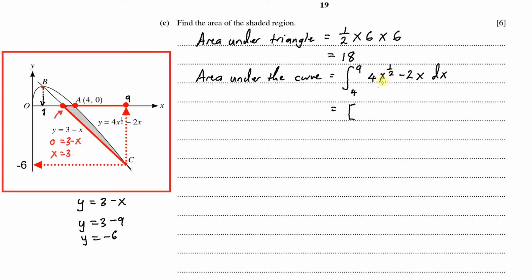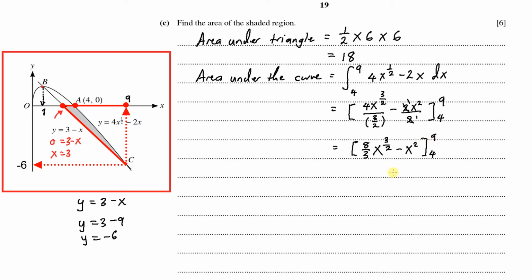Integrating 4x to the power of a half, we get 4x to the power of a half plus 1, that's 3 over 2, all divided by 3 over 2, and minus, integrating this we get 2x to the power of 2 over 2, from 4 to 9. Let's simplify this. 4 divided by 3 over 2 is 8 over 3, and that's x to the power of 3 over 2, and minus, cancelling this 2, we get x squared, from 4 up to 9.